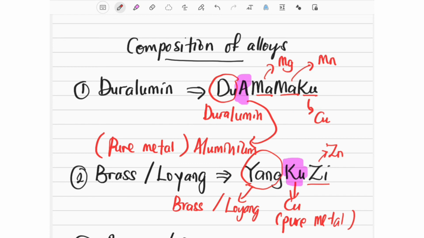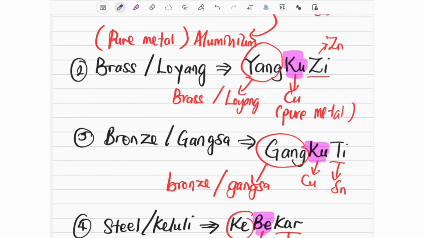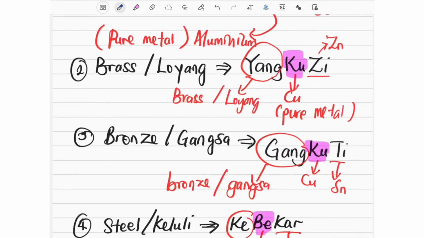Termasuk dengan uses. Uses cikgu tak tulis. Okay, tambah sikit lah. Uses duralumin, ingat aeroplane. For brass, ingat music. Musical instrument. Bronze, ingat medals.